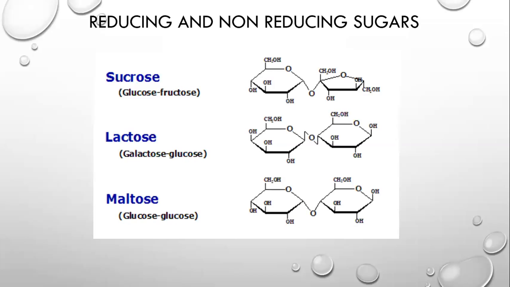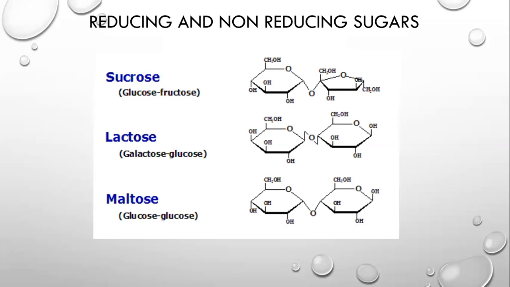So a reducing sugar is a carbohydrate molecule in which you can see the presence of a free OH group. That is the definition for reducing sugar. The free OH group should be present in your anomeric carbon. Please note down the definition.